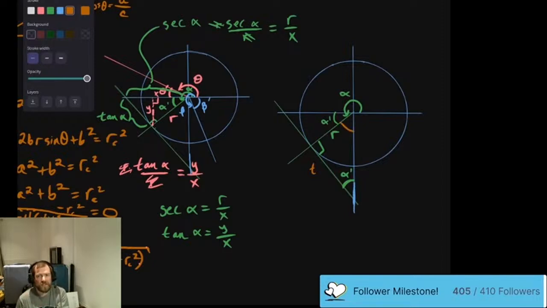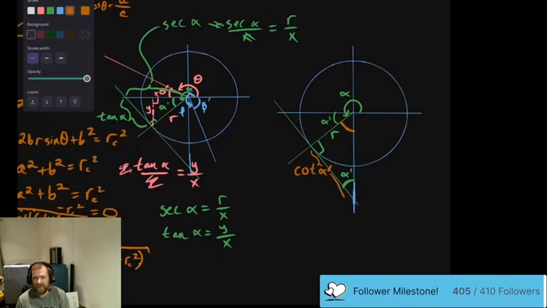It's the tangent to this angle here, which is the complementary angle to alpha prime. So what we're going to do is get the complementary tangent of alpha prime to be this distance here.